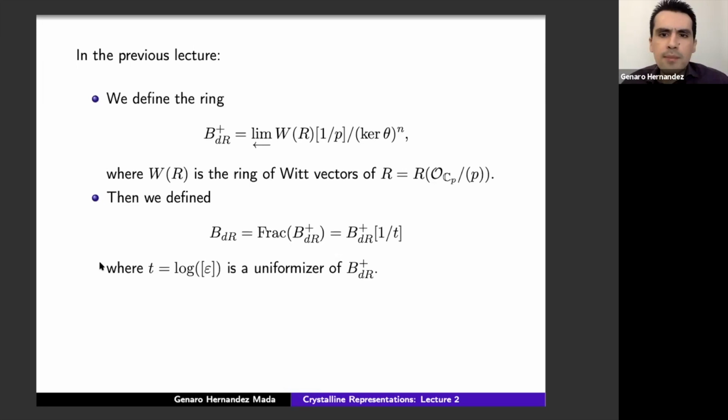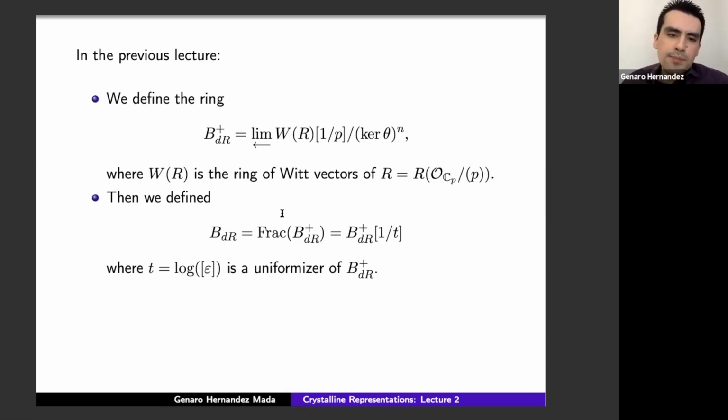Theta was the morphism that we defined yesterday. I forgot to write it again here, but it was defined by taking the projection to the first component when we interpret this ring as sequences of elements in O_{C_p}.